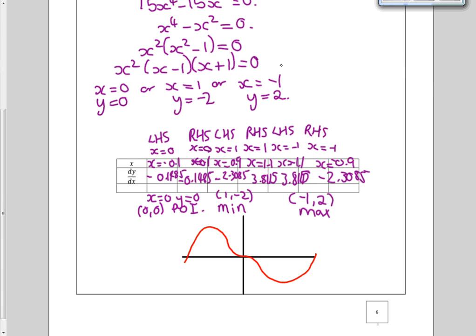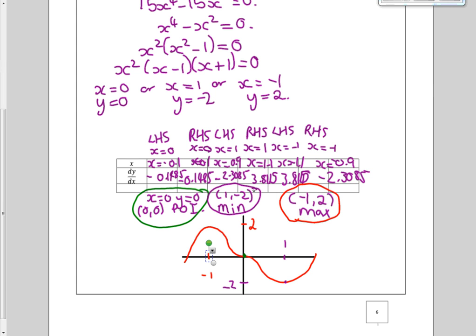So the line of the curve will look something like this, with of course your points on, so this would be at minus 1, 2, where our maximum is, and then we have 0, 0, where our point of inflection is, and we have 1, minus 2 here, where our minimum is. So you don't have to draw the curve, but this is just showing what we have found from finding the stationary points.